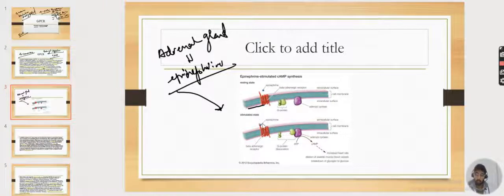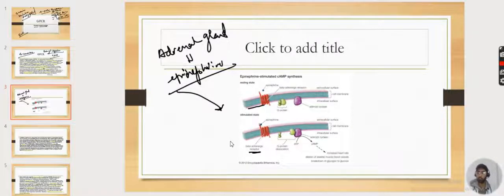Now this GPCR is a transmembrane structure, the beta adrenergic receptor. So epinephrine binds to the beta adrenergic receptor. Now what would happen?